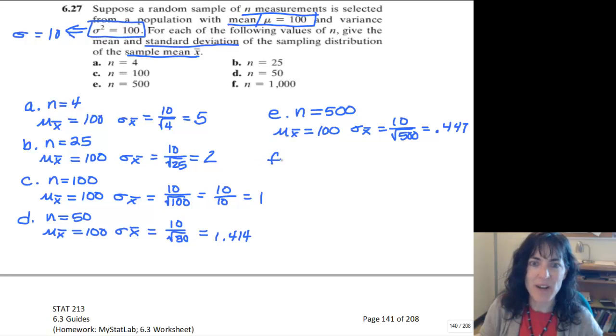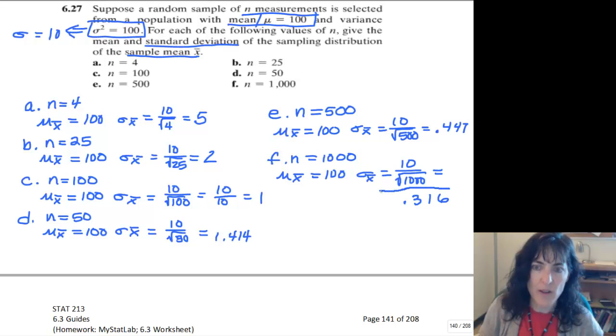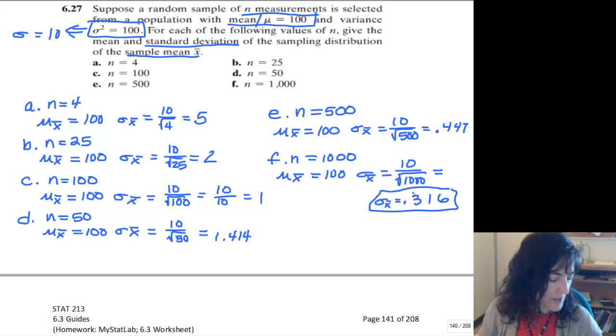Now let's check what happens if I have n equals 1000. The mean of my x bar is still my population mean of 100, and my sigma of x bar is going to be my population sigma divided by the square root of n. So 10 divided by the square root of 1000, parentheses, and I get 0.316. So my sigma of x bar equals 0.316.